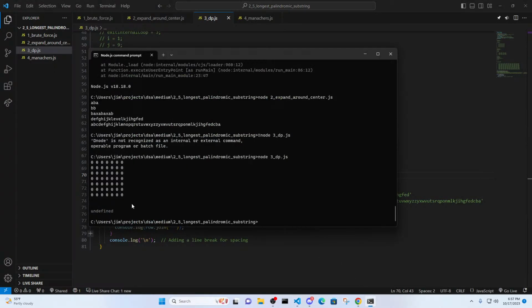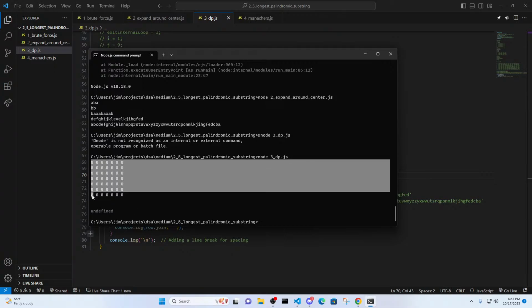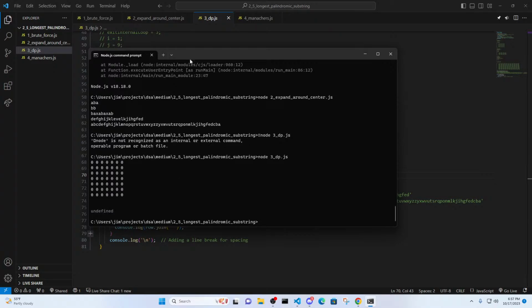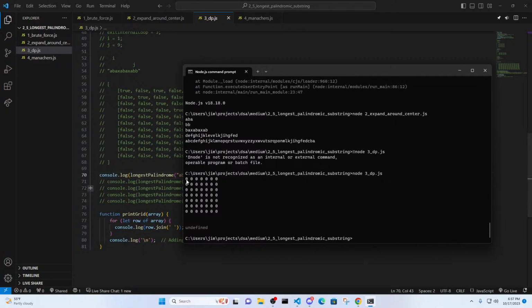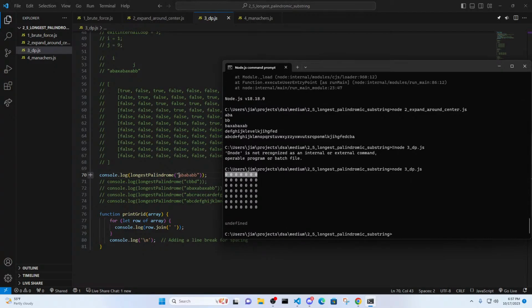If you look at my command line, you can see I have 7 characters across, and I also have 7 characters down. The interesting thing is that the first array represents the entire string, so we have 7 characters. The second array represents the entire string minus the first character.